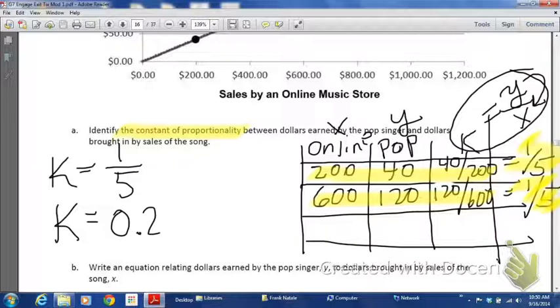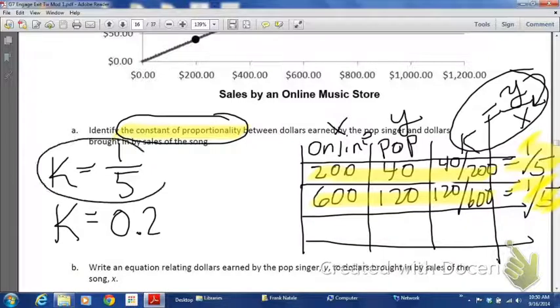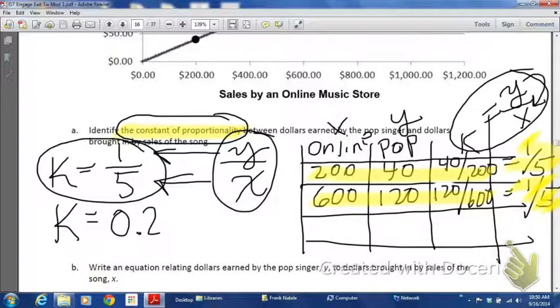The constant of proportionality is written like this: K equals the y value over the x value. In this case, it's very easy to see, it was 1/5. If they had written it like this, there was credit given for that as well.